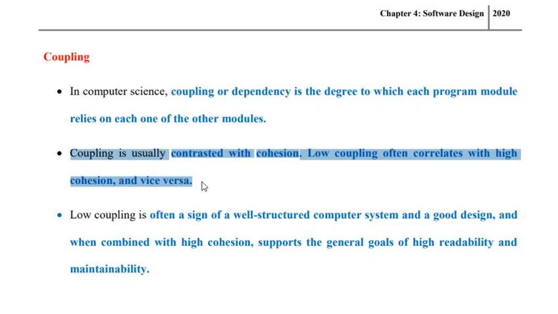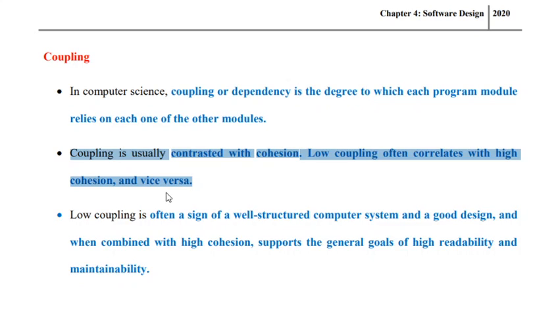So coupling refers to the degree of dependency, and cohesion refers to the functional strength of a particular module. Now, there are different ways in which a module can depend upon another module. It may be for a simple integer variable, maybe for a complex variable like an array, or maybe for internal working. So there are different types of coupling.